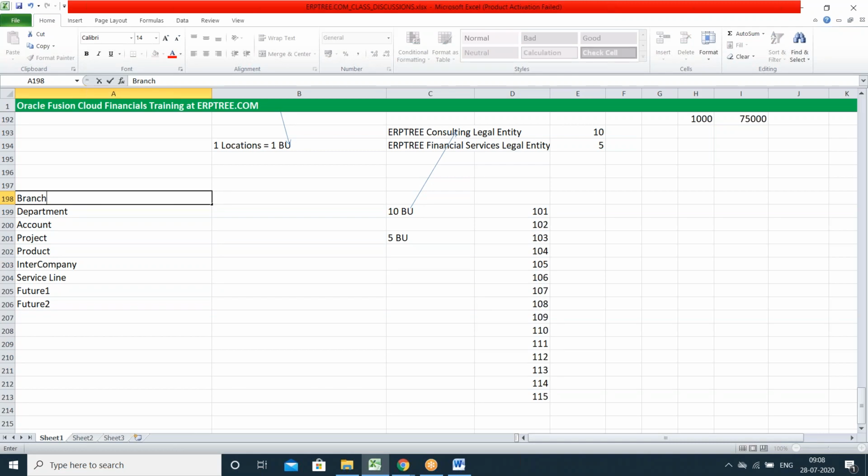So this segment you can take as a branch, nothing wrong. Branch means where you are operating the business. You can take operating unit, where you are operating the business, that unit you are taking as one of the segments as a company. You can name it as operating unit, or operating area.